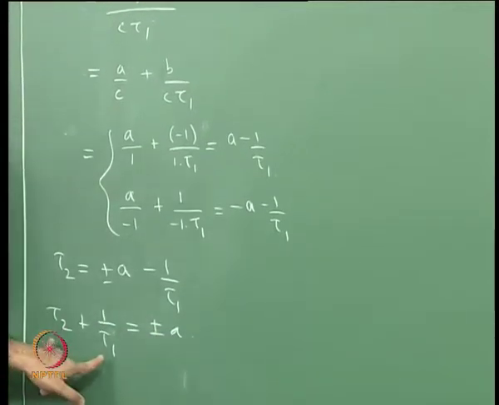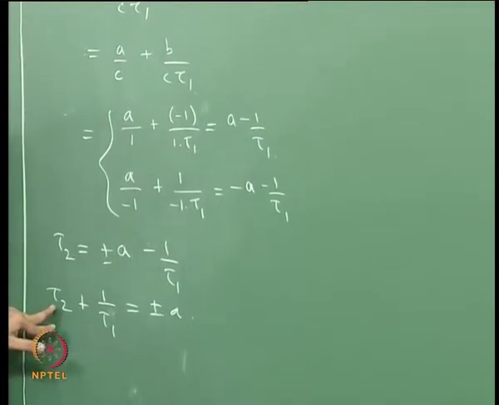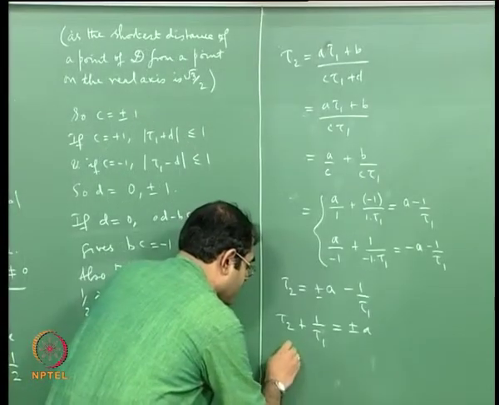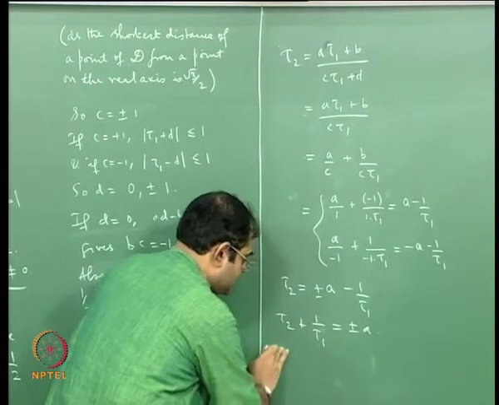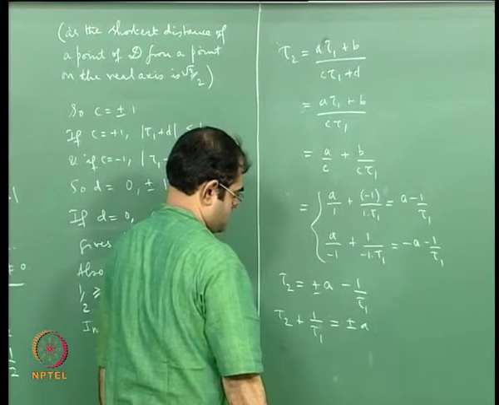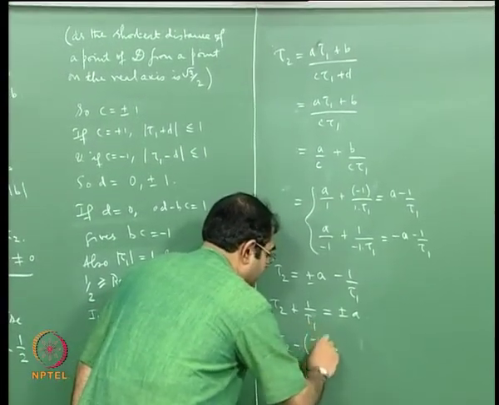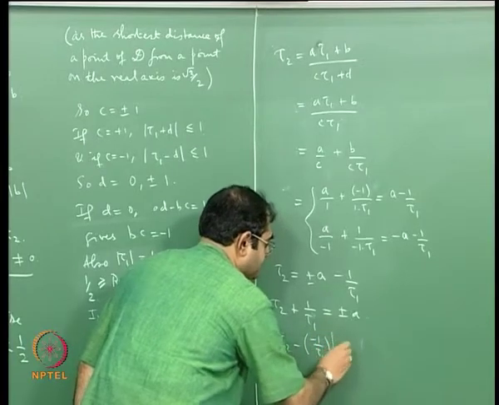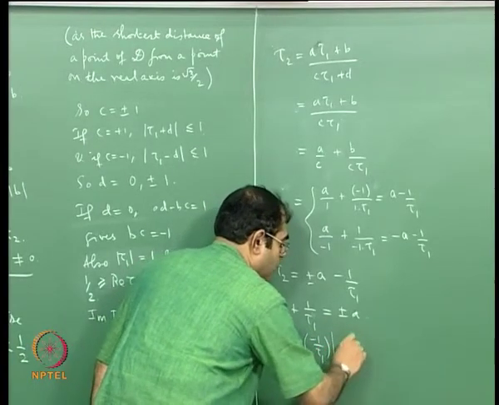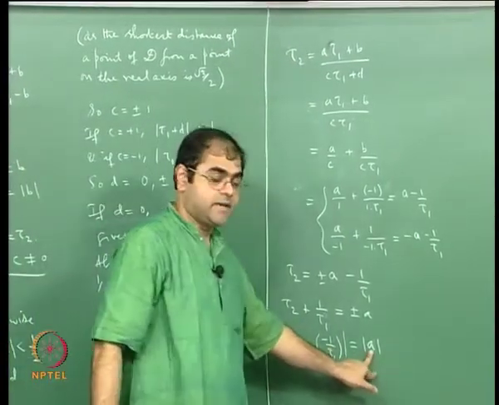Now, if you take the modulus of tau 2 minus 1 by tau 1, I will get mod a, and this mod a is an integer.